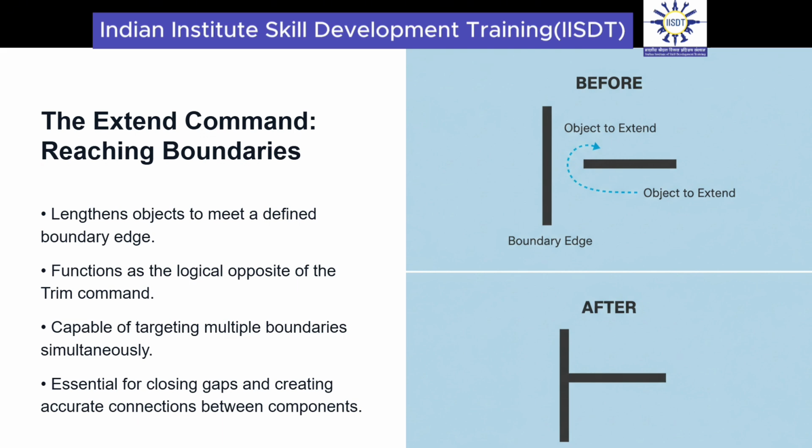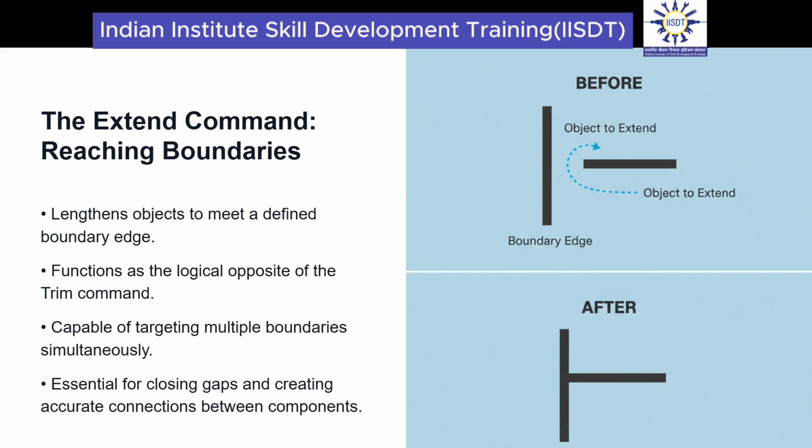Just like trim, the extend command has evolved to become more efficient. You can use crossing windows to select multiple objects to extend at once, and modern quick modes can automatically detect potential boundaries without requiring you to pre-select them. A particularly powerful technique is the trim-extend cycle.